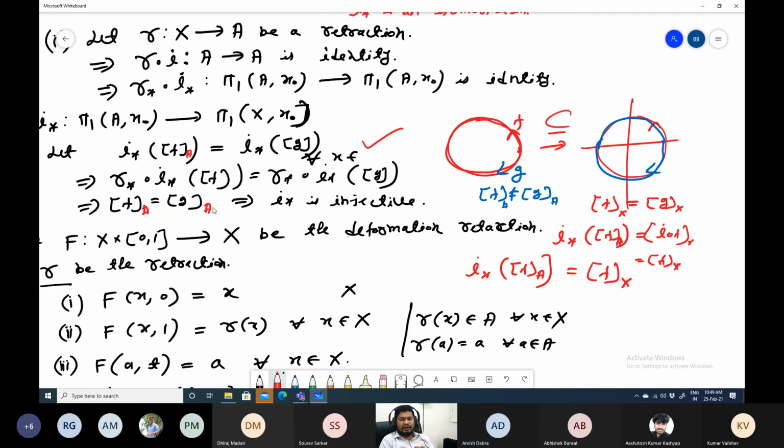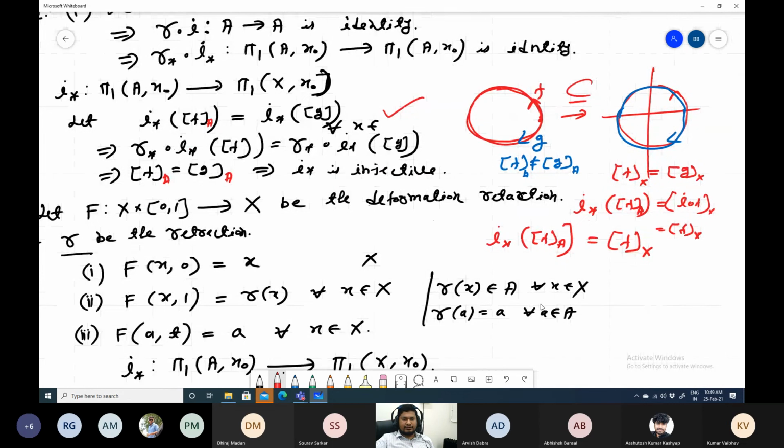When I did this one, I generally follow Hatcher, but Hatcher just said that and did not write each and every thing. Because of that, when I started writing, I was also a little bit confused. I kept the same symbol, but that was misunderstood.